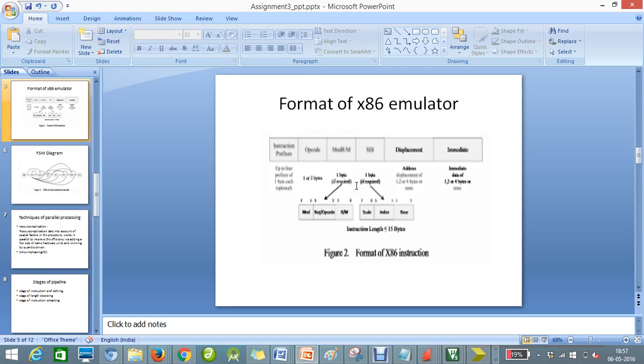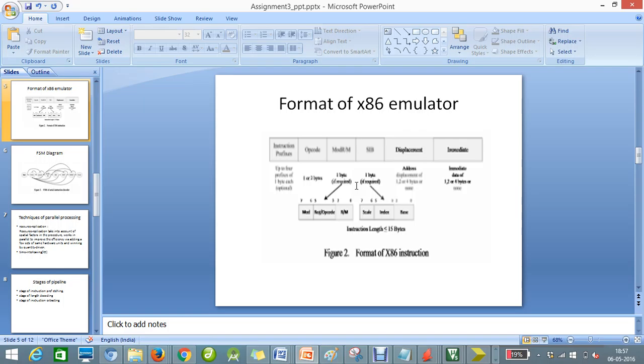So whatever applications are running on x86, what can we do about that? For that purpose, we can virtually run this x86 emulator, and whatever application was running on that x86, we can run on the same. So this was the concept of the x86 emulator.